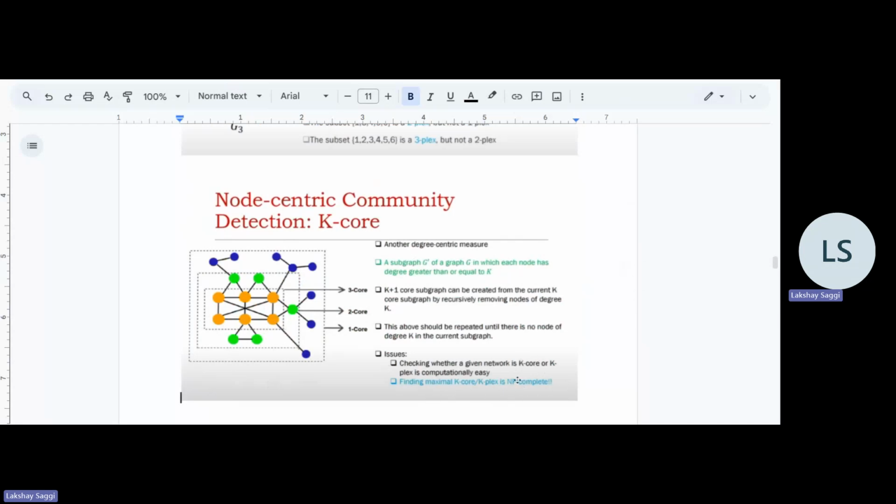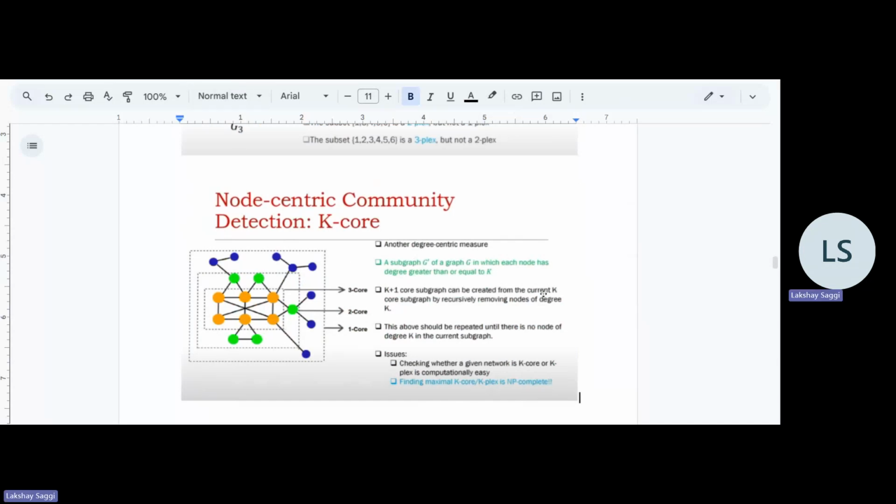Even though it's easy to identify whether a given network is a K-core or K-plex, in a bigger graph, if you have to find a small set of vertices which form a K-core or K-plex, then this problem is NP-complete. So maybe it may be useful in some contexts, but it is not a really good generic measure for us. But it is important nonetheless because it's a good starting point for getting started with communities and what communities are.